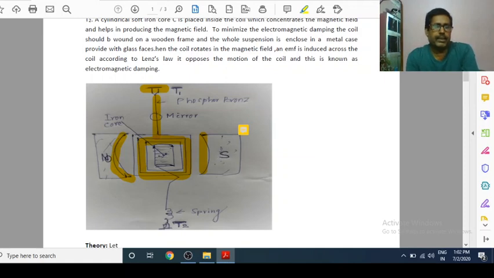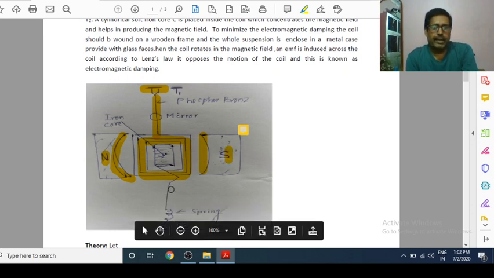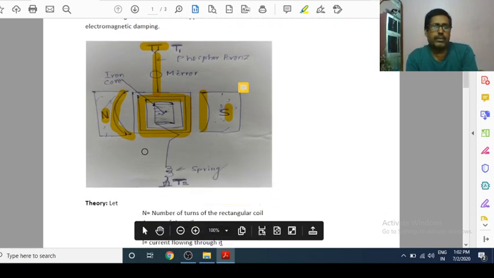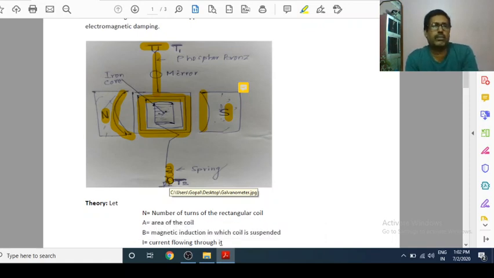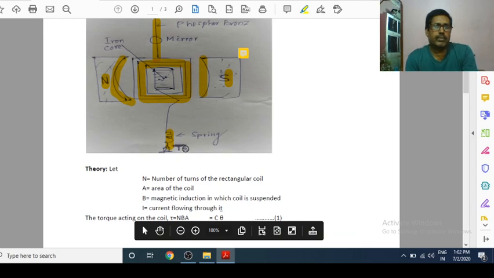As I told you, these are the two poles, pole N and pole S. The lower end of the coil is connected with the hair spring, which restores the coil. It works as a restoring torque, because whenever the coil deflects due to current, this hair spring brings the coil back to its original position, and the hair spring is connected with terminal T2.